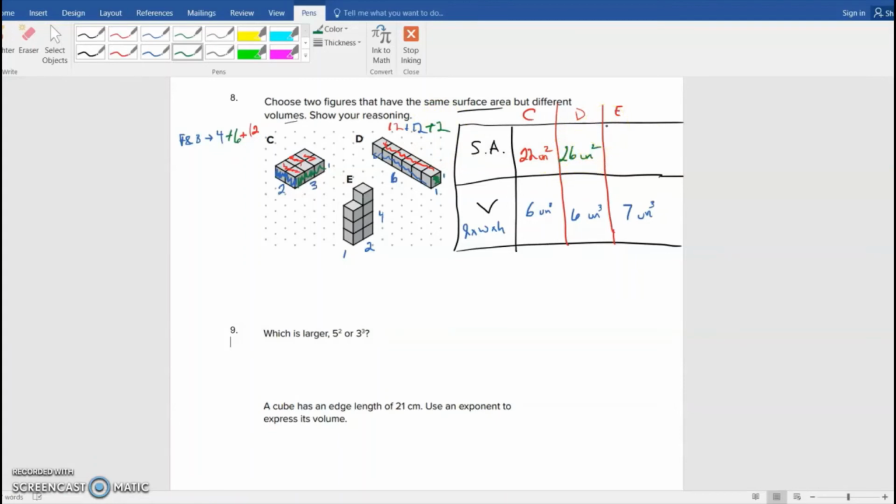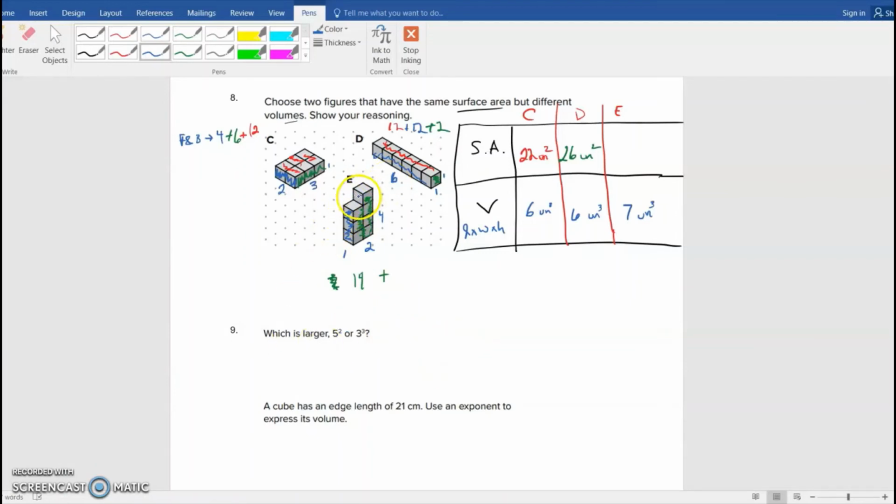Okay, and then I'll do letter E. Let's do the front first. I have 1, 2, 3, 4, 5, 6, 7. And then the back side would be another 7. So 7 and 7 would be a total of 14. Plus, if I did this front side, it would be 1, 2, 3, plus this one right here will be 4.